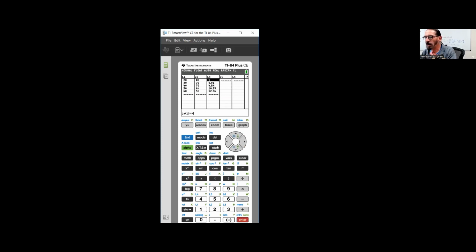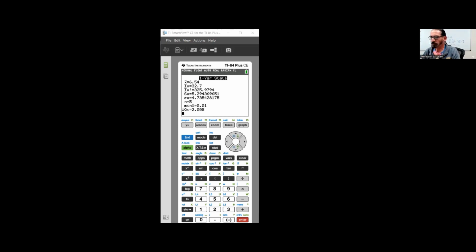And now go back to the sum of list 3 in stat, calc, one variable statistics. I put that in list 3 also. And we're getting a sum that we see on that second row, 32.7, which should be less than what we put in previously. Back to MyLab again.